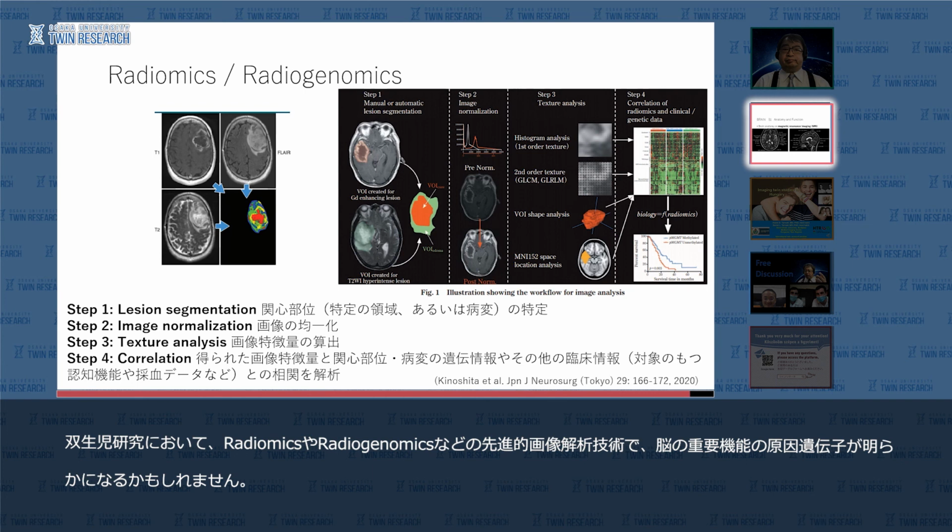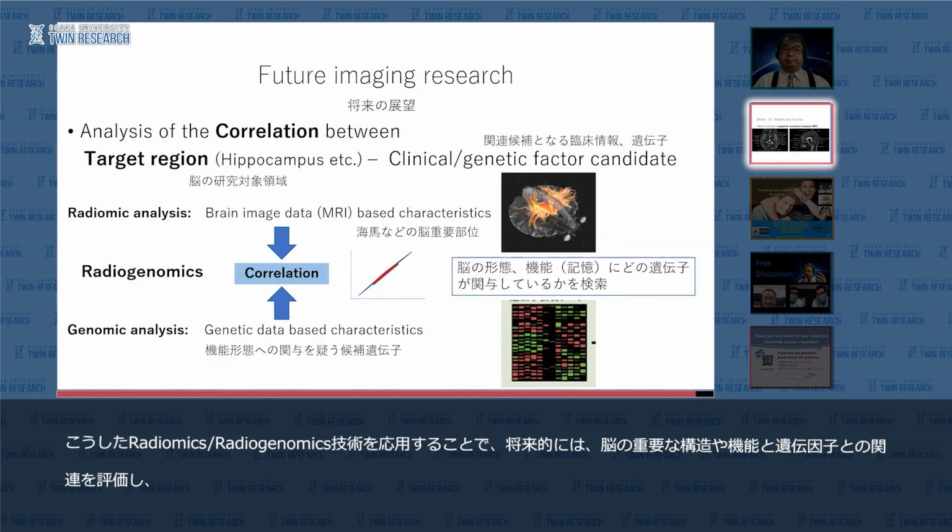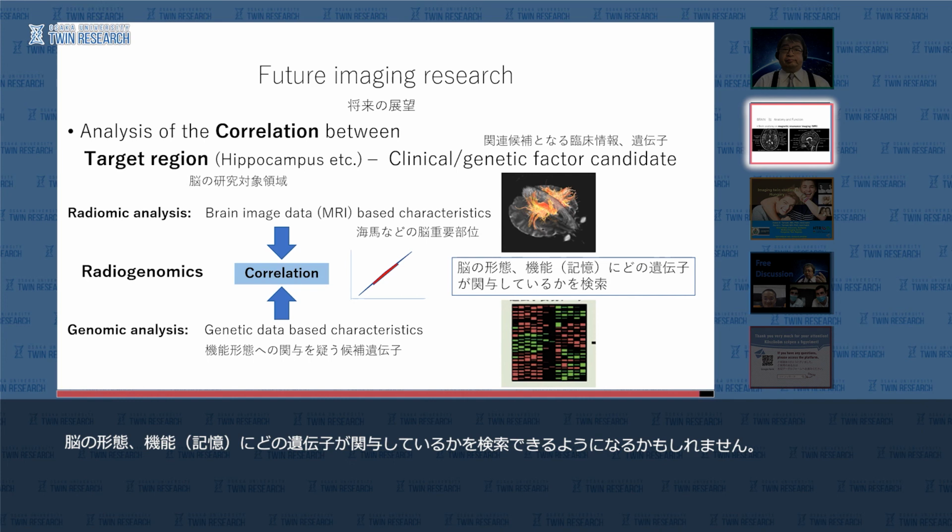Subsequent analysis is performed to correlate various image characteristics with clinical or genetic factor candidates. With the use of the radiomics or radiogenomics technique, correlation between brain image characteristics and clinical or genetic factor candidates is performed to evaluate the relationship.